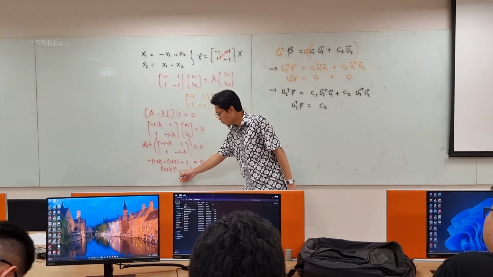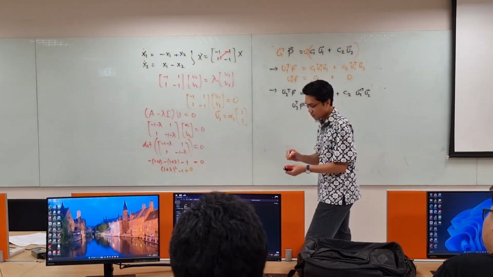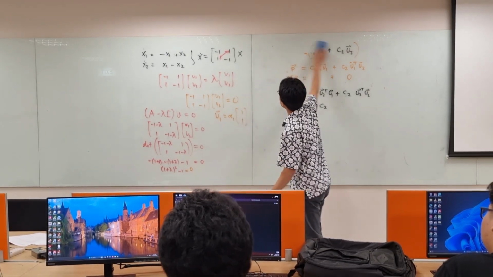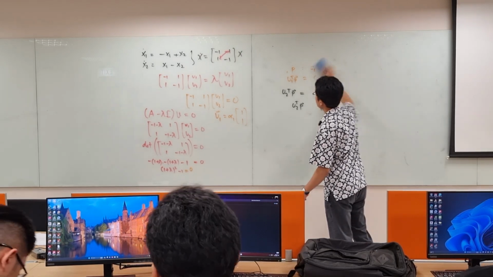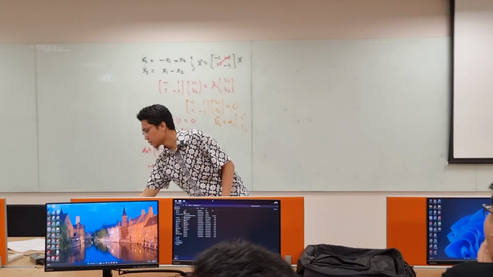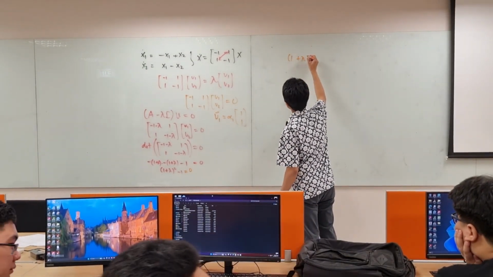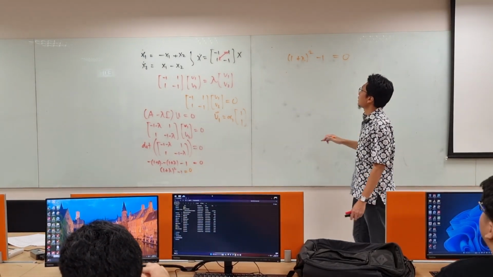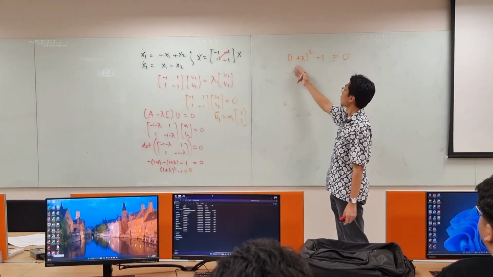This is minus 1, right? Without having to expand the roots, we can get the answer. 1 plus lambda squared minus 1 equals 0. 0 is an eigenvalue because when we put lambda equal to 0, this will be 0.